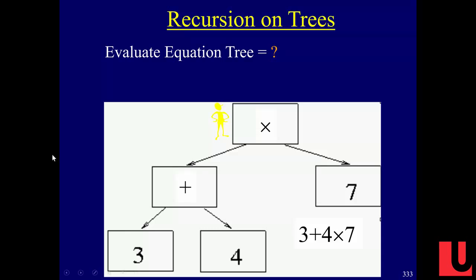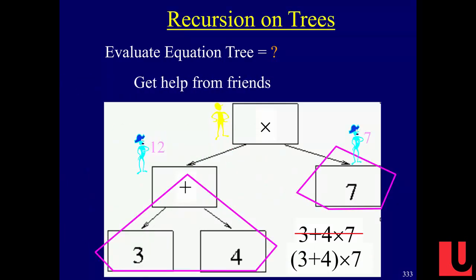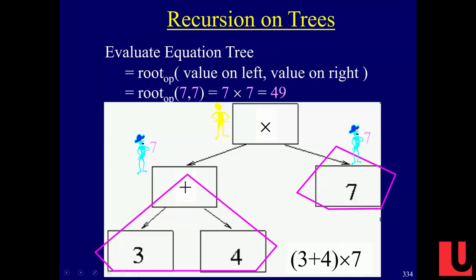Everybody see whether this is a good equation, what we're representing here? We're kind of missing, we need brackets, right? And what code would you write to evaluate this? Well, you always recurse on the left subtree and the right subtree, and they send you the evaluation of their tree, and then you multiply them.